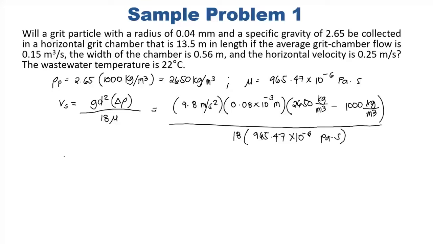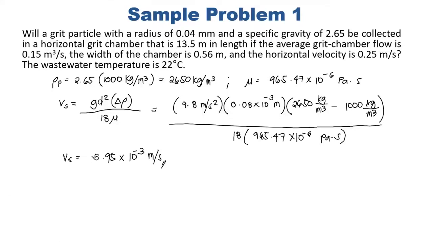Okay, so our settling velocity here is equivalent to 5.95 times 10 raised to negative 3 meters per second. So this is our settling velocity.